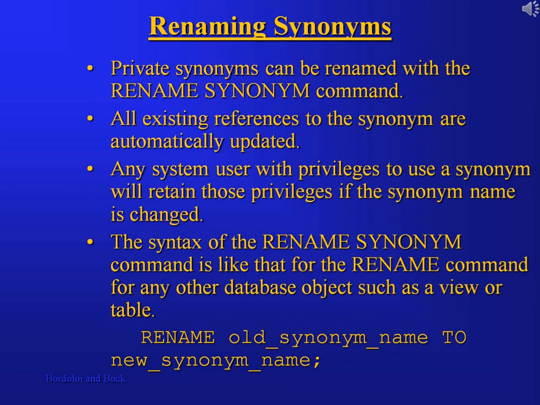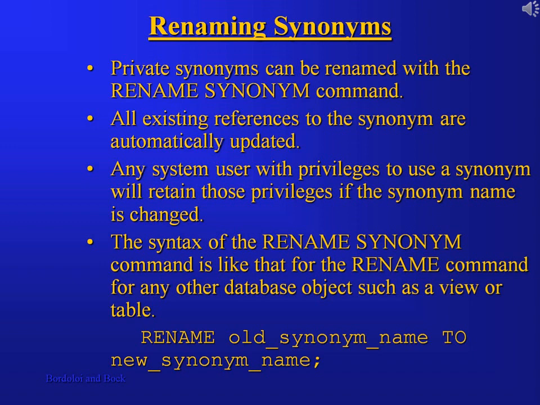the next category is renaming synonyms. Private synonyms can be renamed with the rename synonym command. All existing references to the synonym are automatically updated. Any system users with the privileges to use a synonym will retain those privileges if the synonym name is changed.